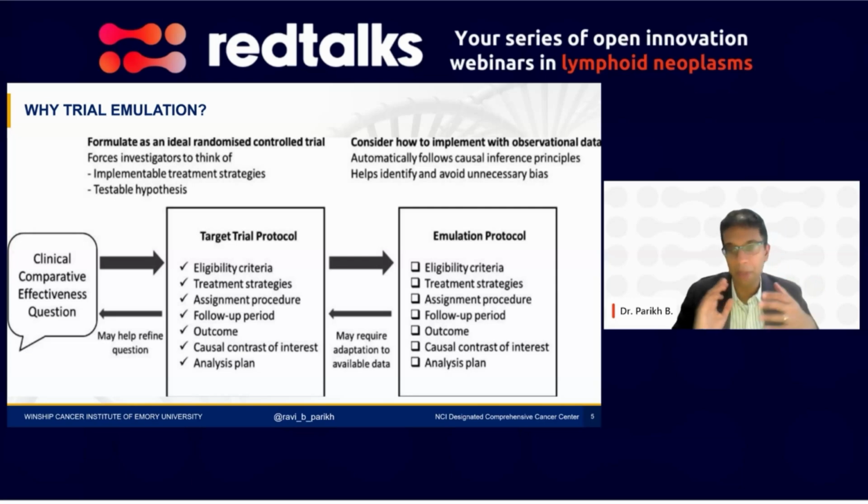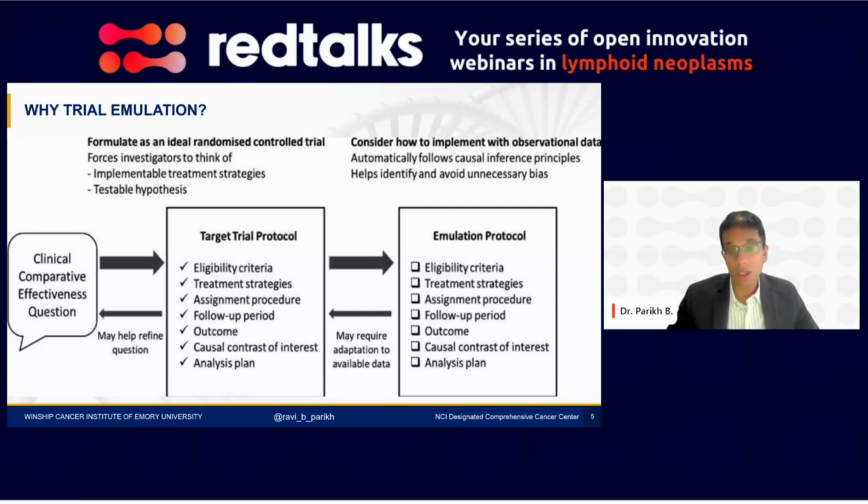If you think about a comparative effectiveness question, comparing one regimen versus another, and you were going to design a clinical trial protocol, you would write down all sorts of elements relating to eligibility criteria, treatment strategies, how you're going to assign procedures to somebody, what the randomization schema is, your follow-up period, your outcomes, and then your analysis plan.